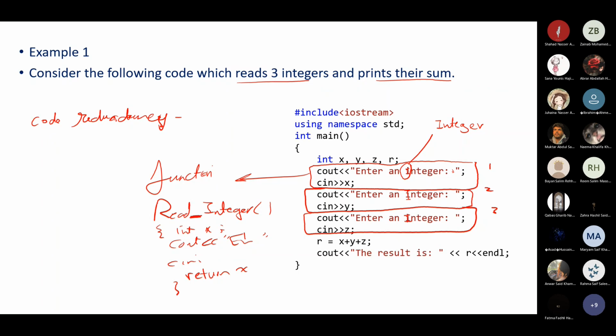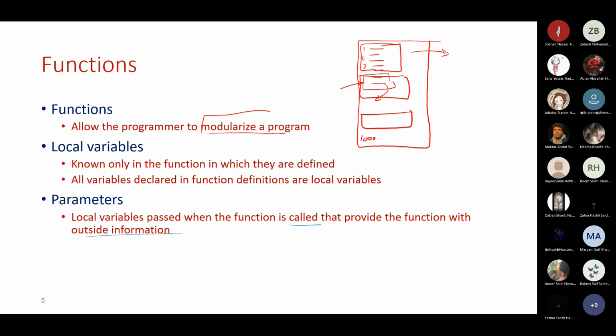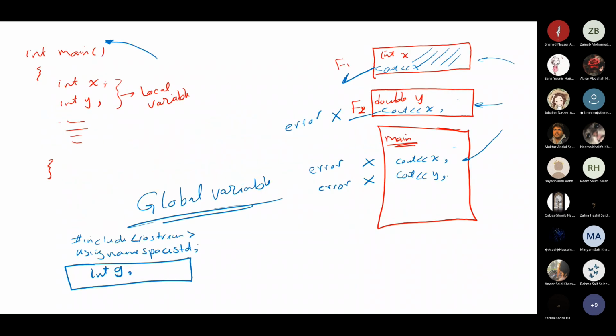You can keep it like this. Nobody will tell you this code is wrong. But as a programmer, you need to convert it to a function. Now, what's the redundant code? Can we write it only once and use it multiple times? Function will answer this question. So this is what we are talking about.